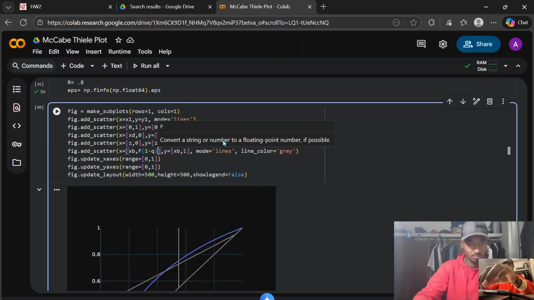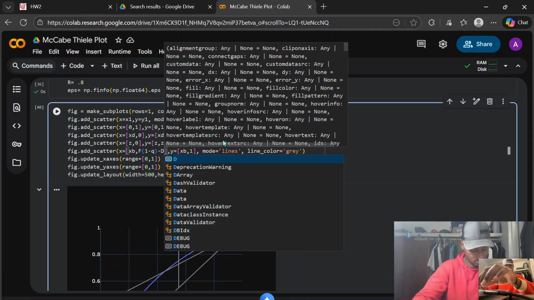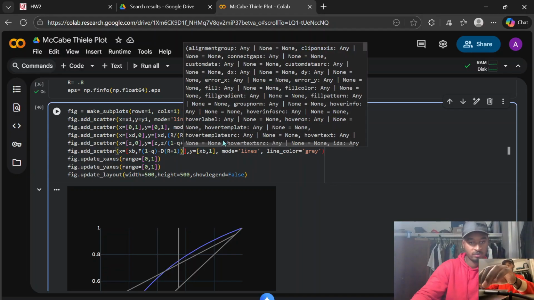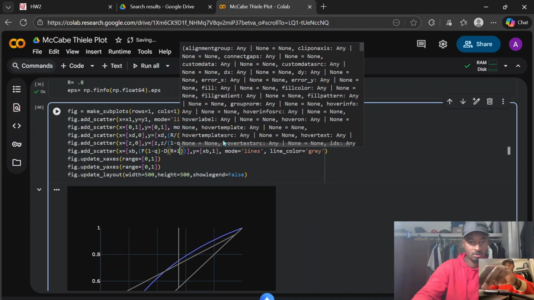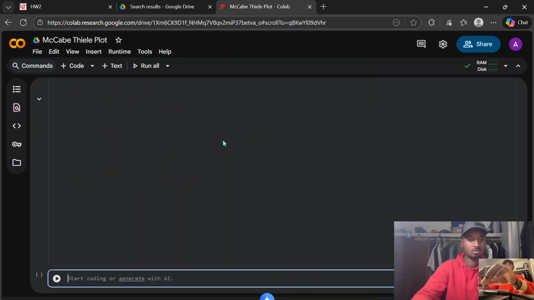D minus the distillate, R plus 1, is divided by our bottoms flow.